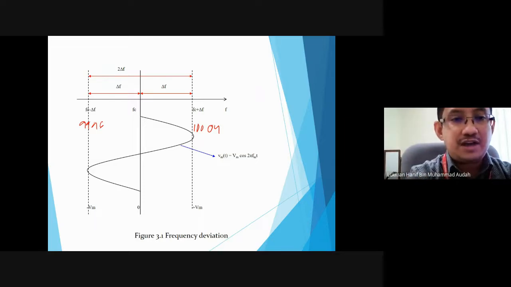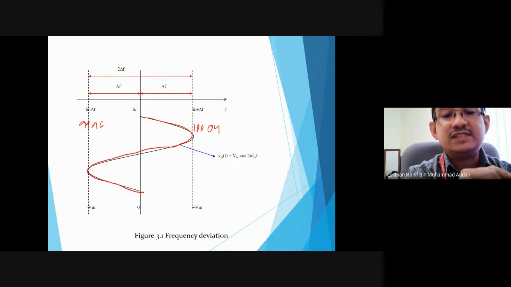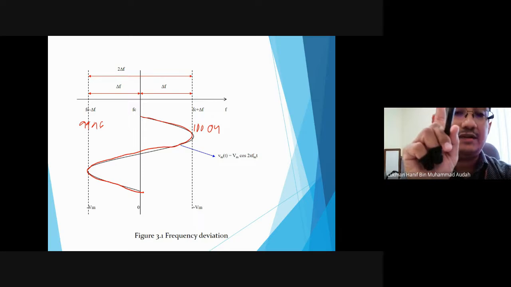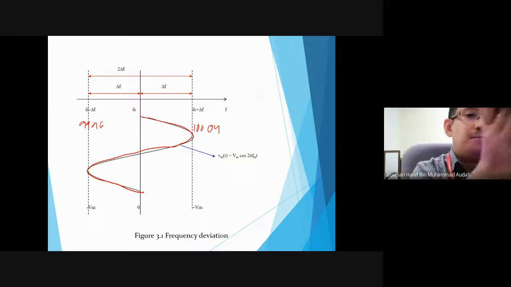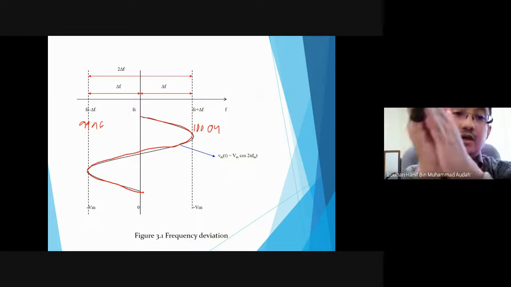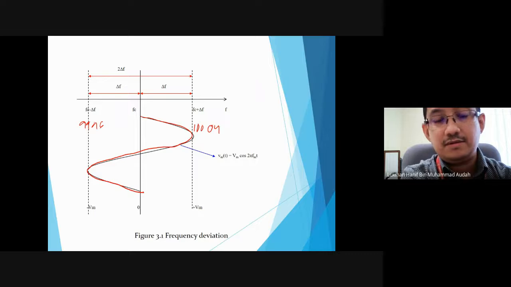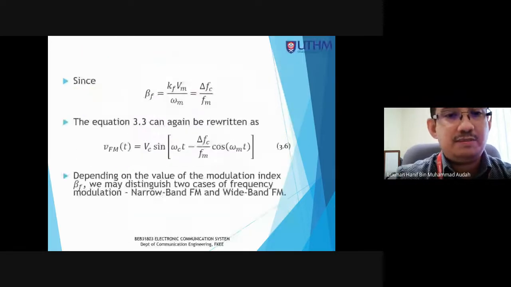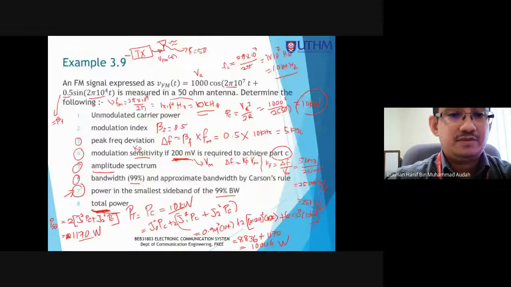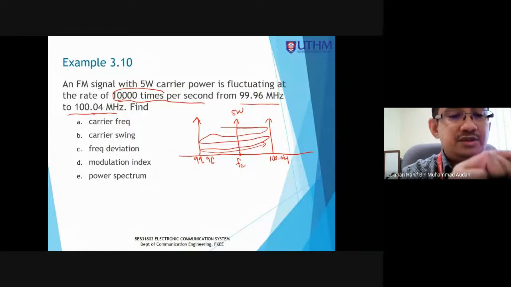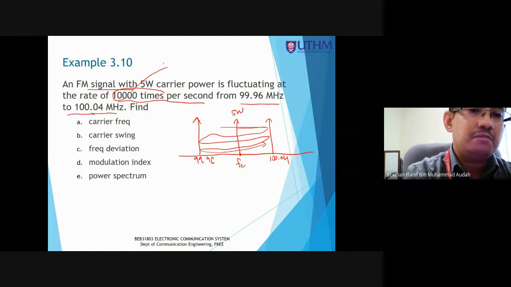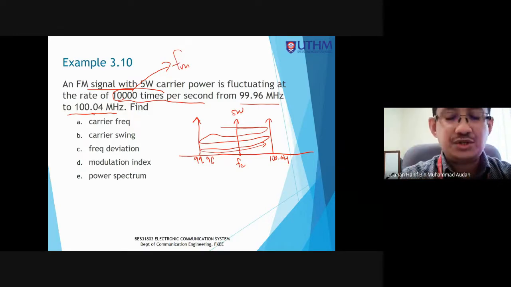So that means the VFMT already complete 10,000 cycle in 1 second. Dan carrier fluctuates based on the rate of the VMT. So kalau saya kembali kepada slide tadi, yang ini. So therefore, these 10,000 times merujuk kepada modulating signal frequency ataupun message frequency.